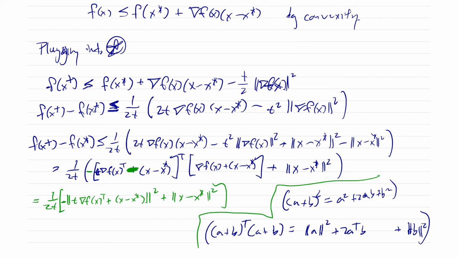All right, feel better now. So putting a minus sign here, now that can be rewritten as x star minus x minus t gradient of f at x. All right, and so this is actually x plus.